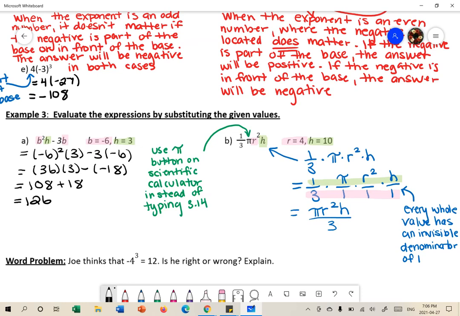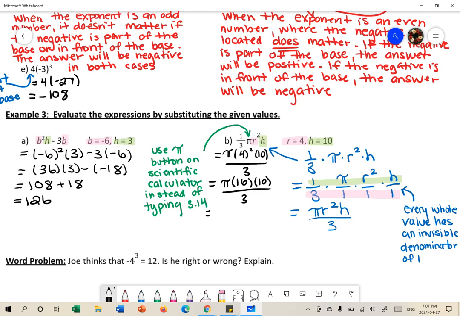I'm going to now use this new expression in my next line while I substitute the values provided. Pi times 4 squared times 10 all over 3 is equal to pi times 16 times 10 divided by 3 is equal to, now I'm going to multiply my entire numerator together.